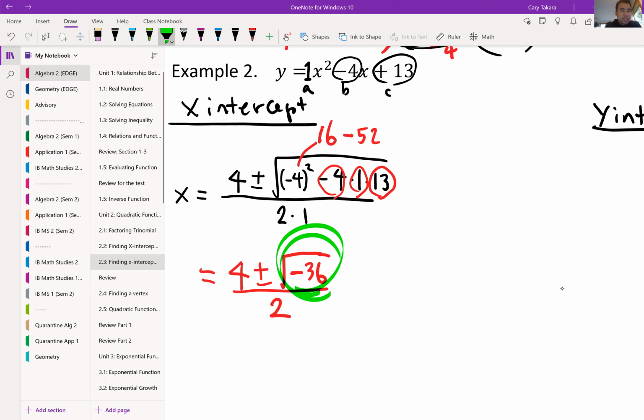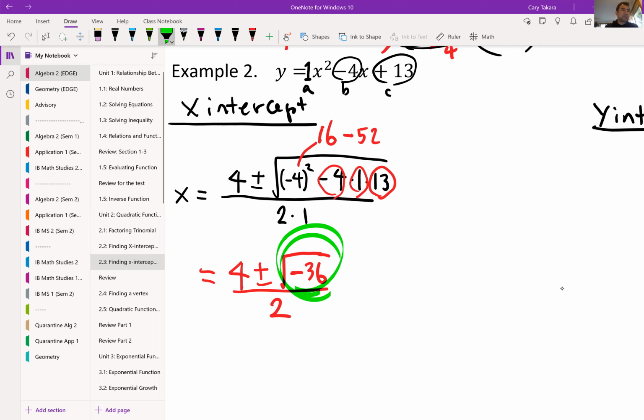But at this point, take a look at it. Everybody take out your calculator. I want you to do the square root of negative 36. Does everybody see this on the screen? What does it say? I get an error message, right? It says non-real.